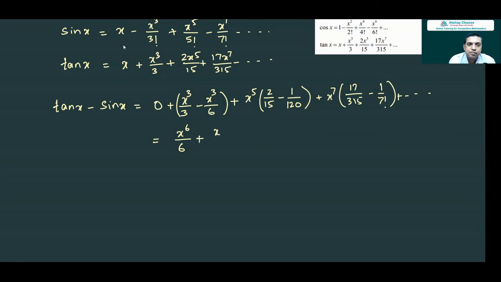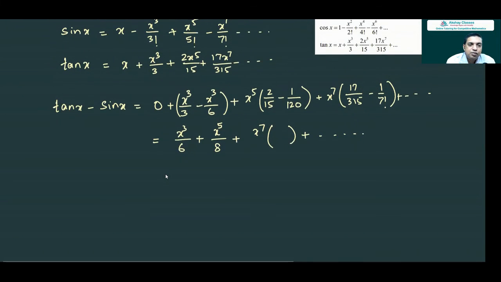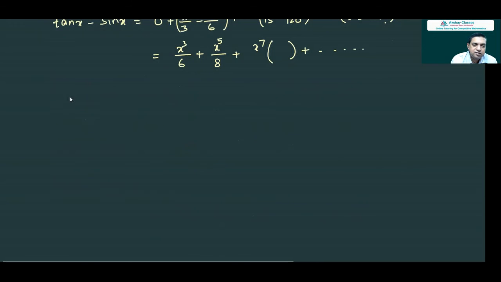Sorry, the first term is x cube by 6. This is x power 5 by 8. Then this is x power 7 into some number and so on. And the next term will be x power 9 and so on. Now we have limit x tends to 0 of (tan x minus sin x) by x cube.